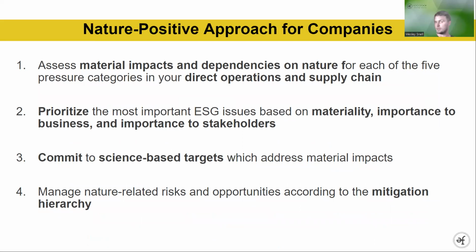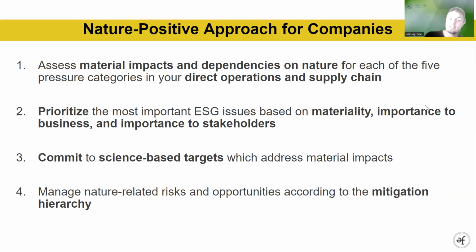So how do companies respond to that, or how should they respond? It's important to recognize that these approaches are still being standardized. So a lot of standards and frameworks that I was referring to before are under development and will be released soon. But I think that we can sketch out at a high level the most important steps.